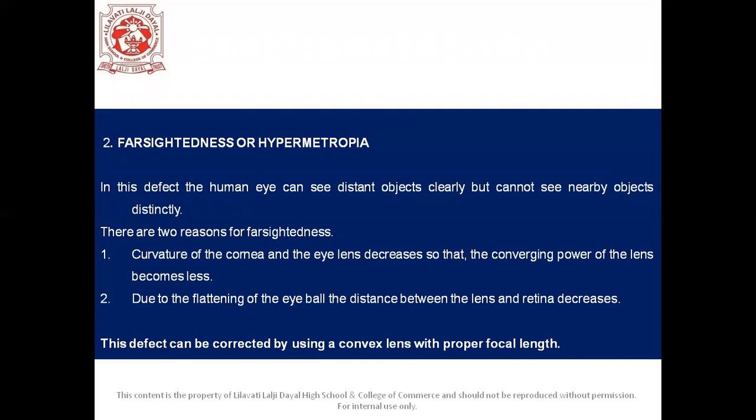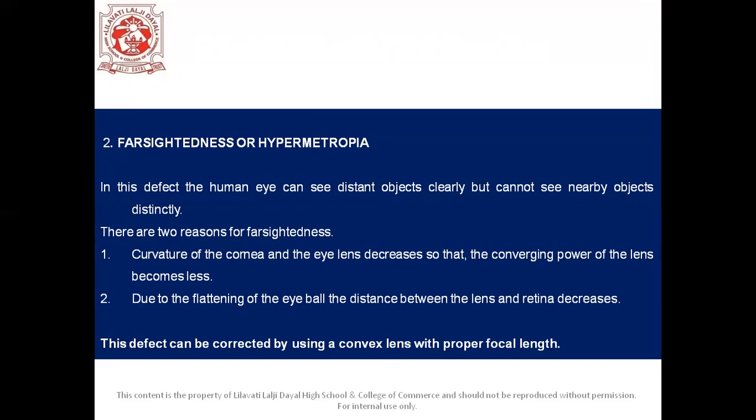First, the curvature of the cornea and the eye lens decreases so that the converging power of the lens becomes less. Second, due to the flattening of the eyeball, the distance between the lens and the retina decreases. And this defect can be corrected by using a convex lens with a proper focal length.